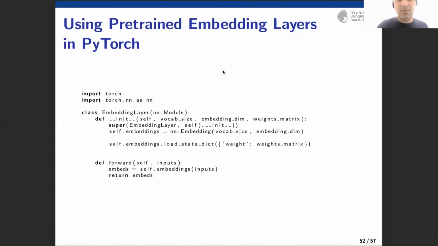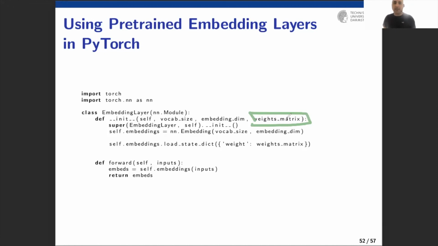So as the input, we define a weight matrix. Before this, we only had vocabulary size and embedding dimension, and now we have a weight matrix. And the idea is that the weight matrix can be pre-trained word embeddings done by Word2Vec or GloVe or any other matrix that you have.